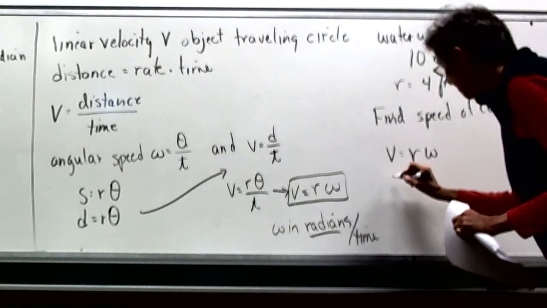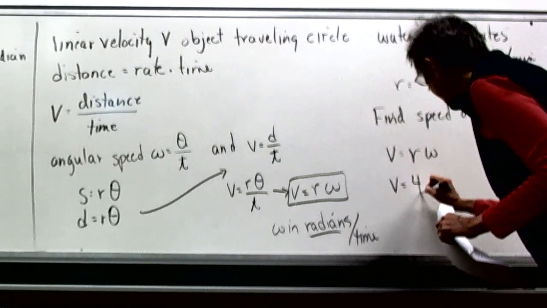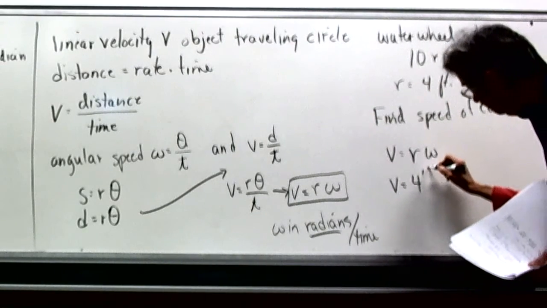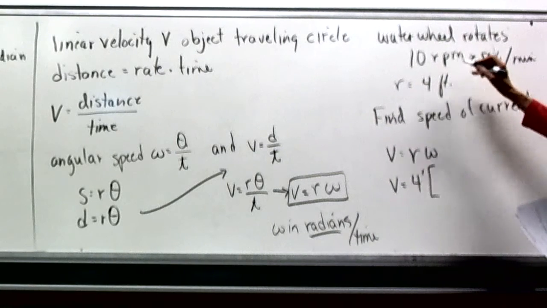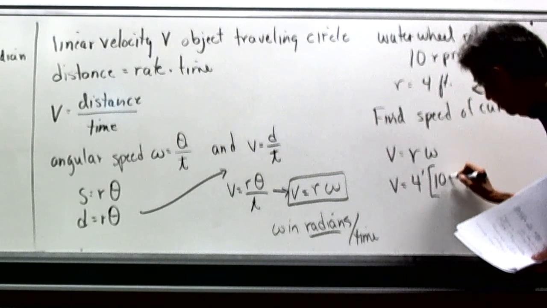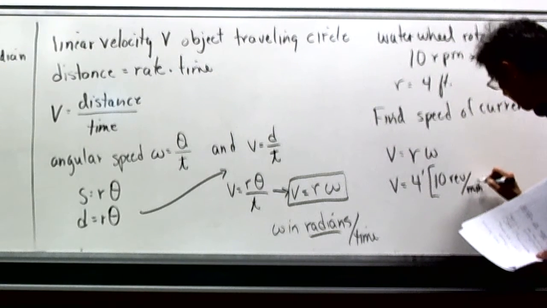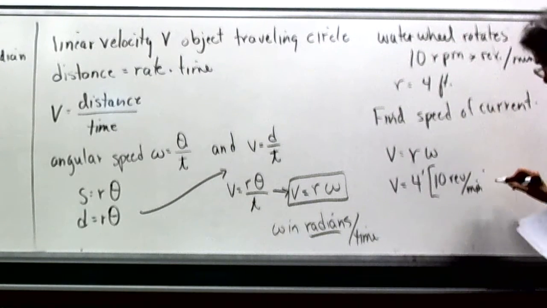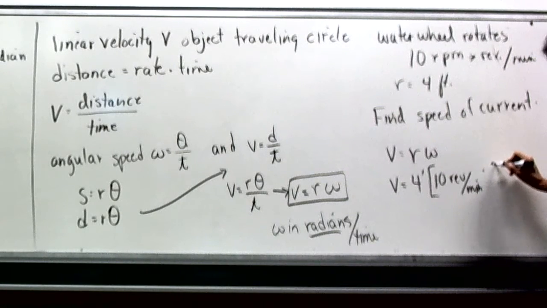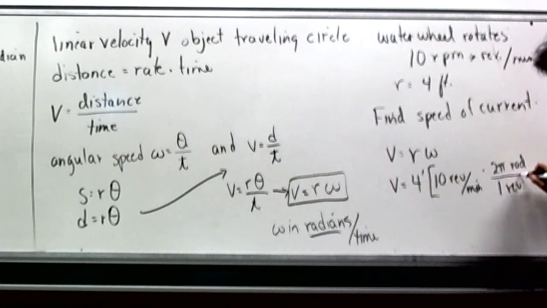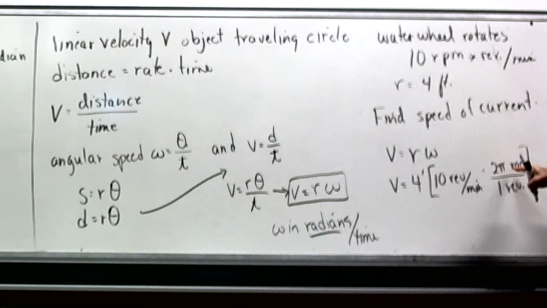So V is equal to 4 feet, times 10 revolutions per minute, and we're going to multiply that by 2 pi radians per 1 revolution. So we're changing the revolutions into radians right here in the formula.